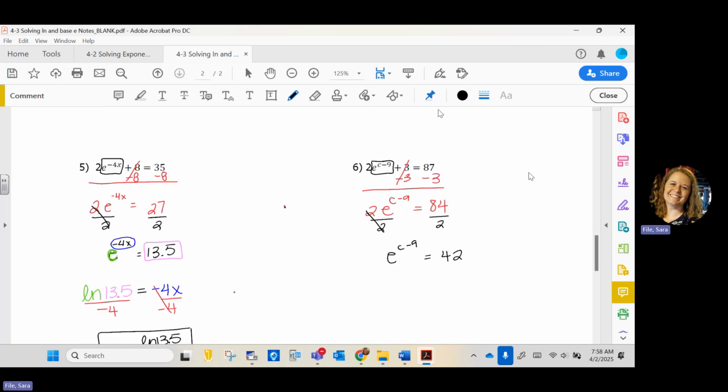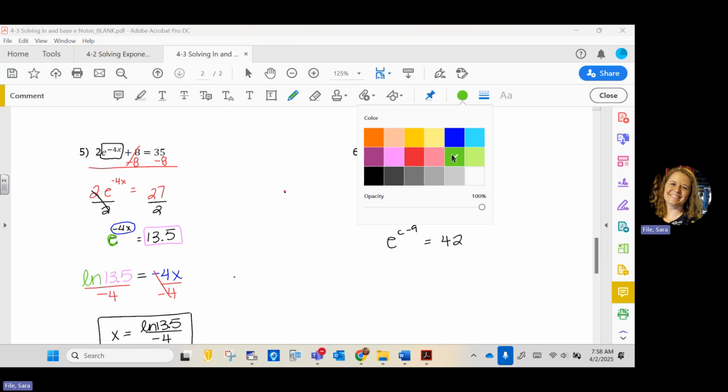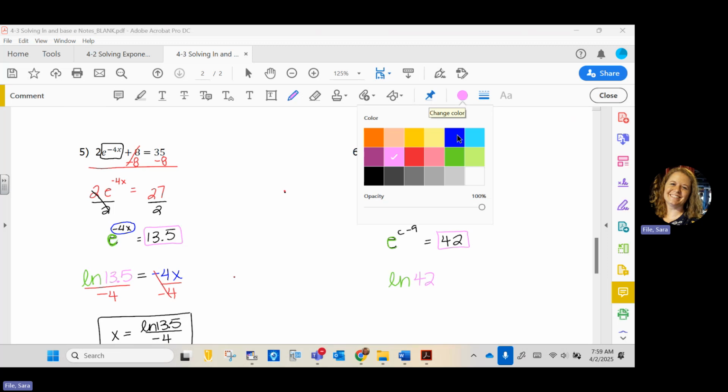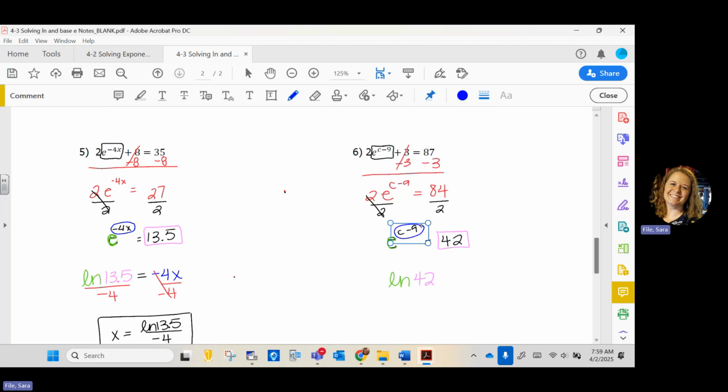And I'm ready to rewrite this as a log. It is a base e, so it is a natural log. I am taking the natural log of 42, and it's going to be equal to c minus 9. So then we add the 9 over. Now again, align that over here so you know you're not combining it with the 42.